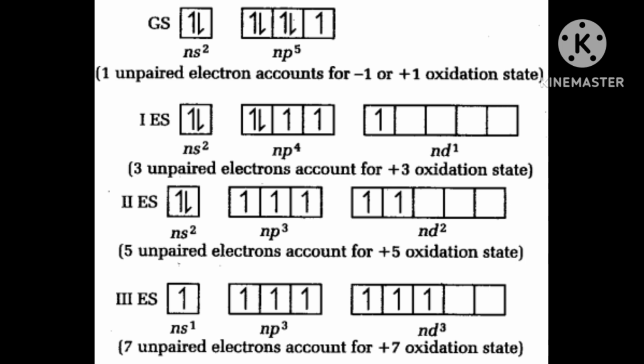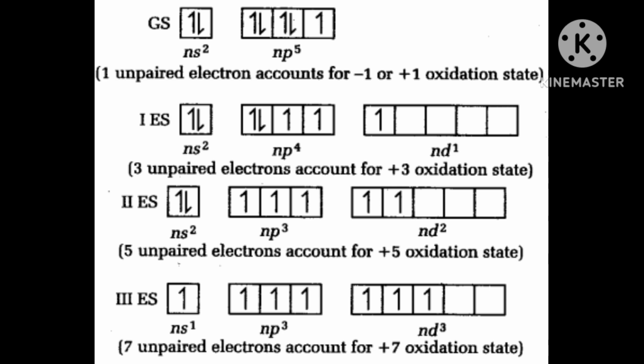Now consider the first excited state. The d orbitals are vacant, the nd orbitals are vacant. In the p orbital, 2 orbitals have two electrons, and the third has 1 electron.